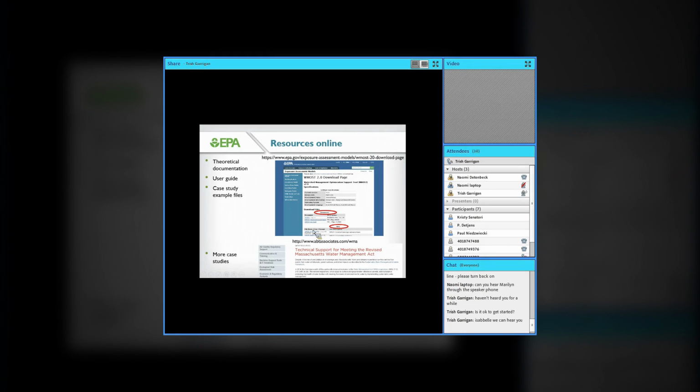In addition, we have some additional case studies that are available on the Abt Associates website that have to do with case study applications for meeting Massachusetts Water Management Act requirements. And we'll talk more about that today as we'll use one of those case studies as our demonstration.